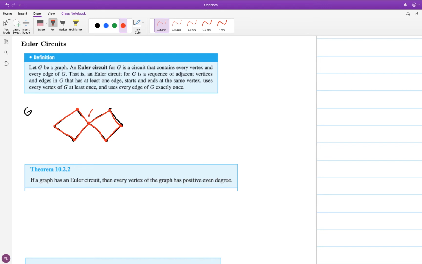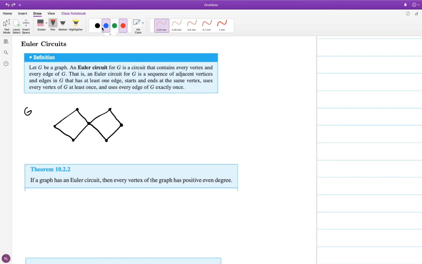So starting and ending at the middle. I can also do that starting at a different vertex just for variety here. I could start over here, not ever repeating edges, and visit each vertex and start and end at the same place. So this graph has an Euler circuit.